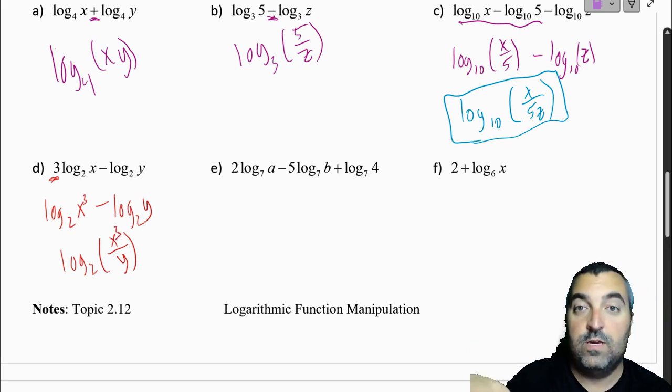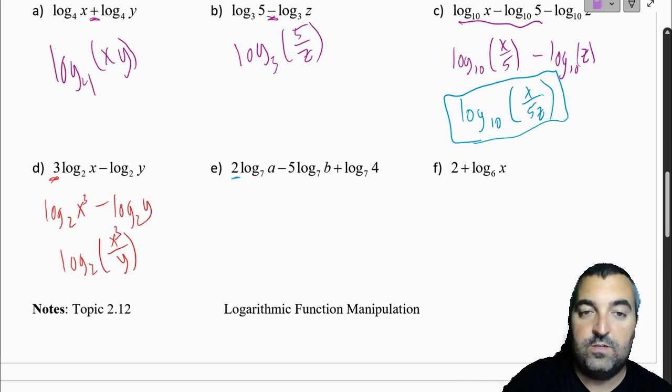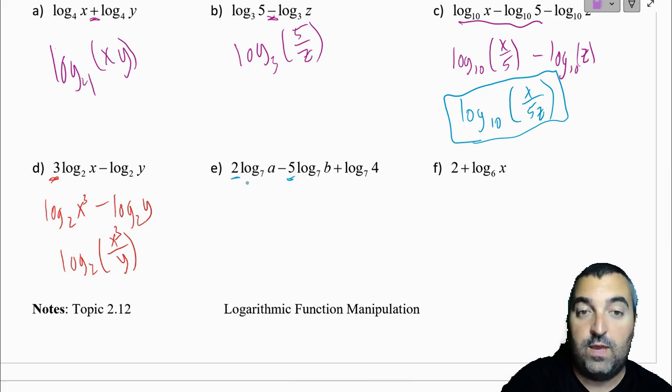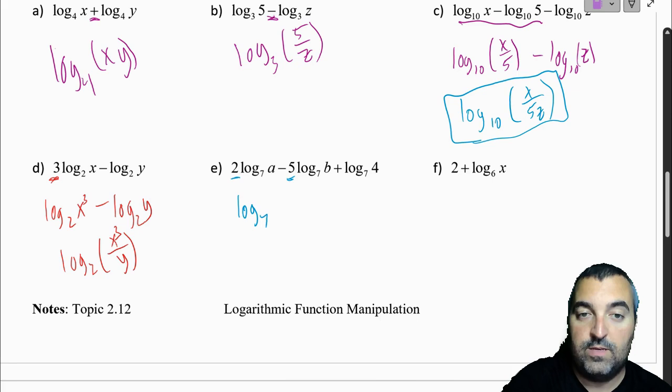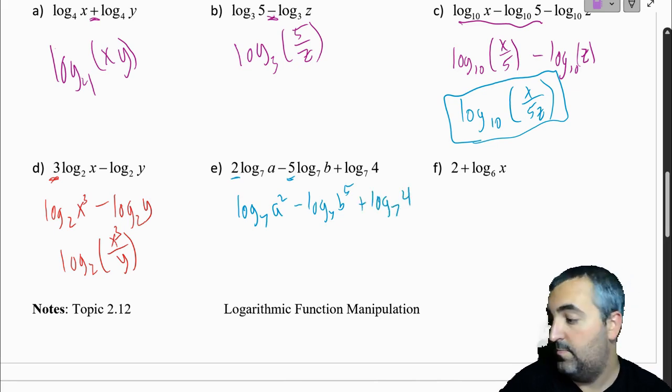All right, so here we got another one. We have a 2 in the front, a 5 in the front, and nothing in the front for the log base 7 of 4. So let's do the powers first. We're going to do log base 7 of a squared minus log base 7 of b to the fifth plus log base 7 of 4.